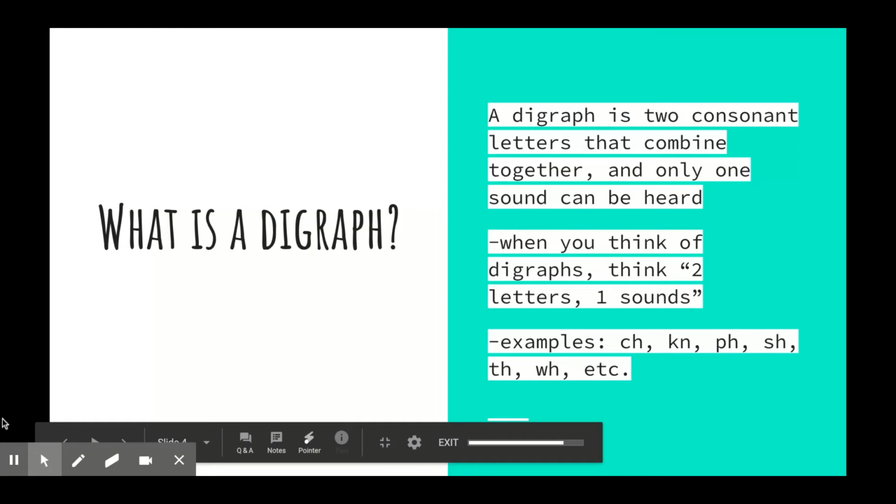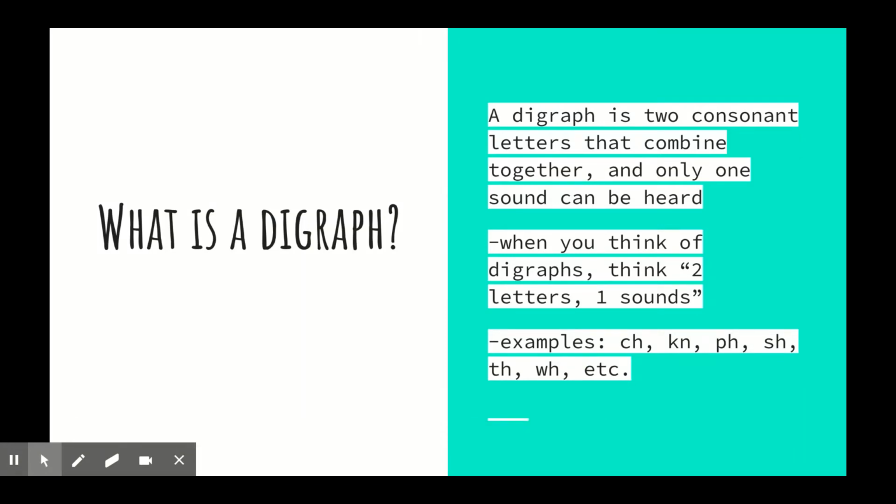So like I said, a digraph is two consonant letters that combine together and only one sound can be heard. So when you think of digraphs, think two letters, one sound. Okay, the two consonants combine and only one sound, a new sound, can be heard.